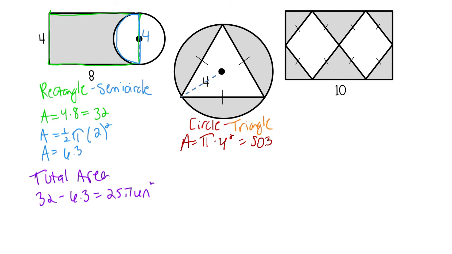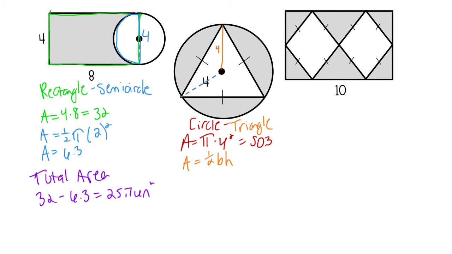The area of the triangle is 1/2 the base times the height, right? So we'll need to do a little magic here to figure out what these values are. We know that this value is 4 because it's the radius of the circle, and that's just also another radius.